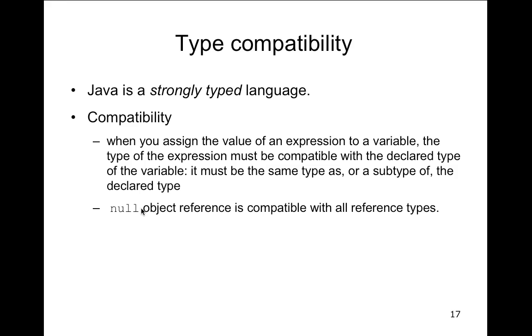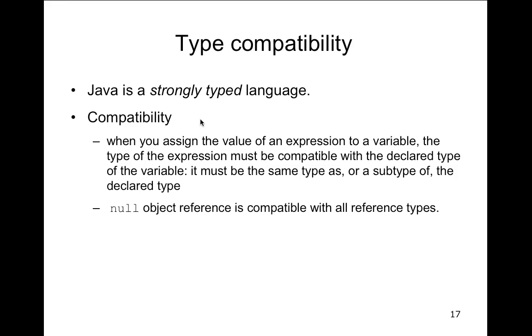So for compatibility, this is when we need to check it. When you assign a value from an expression to a variable, the type of the expression must be compatible with the declared type of the variable. Obviously, it's the same thing we have in C or C++, where we get a type mismatch error message. It's a slightly different error message in terms of how Java presents it. It must be the same type or a subtype of the declared type.